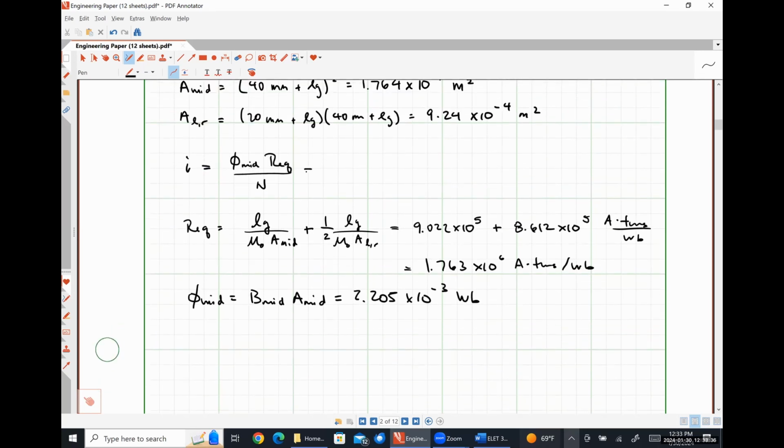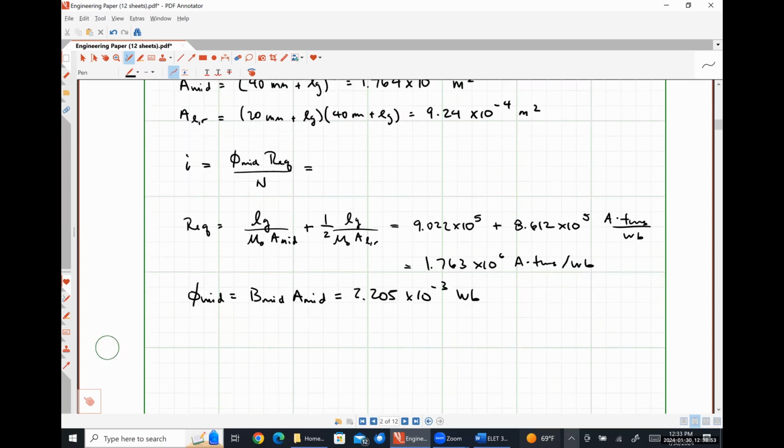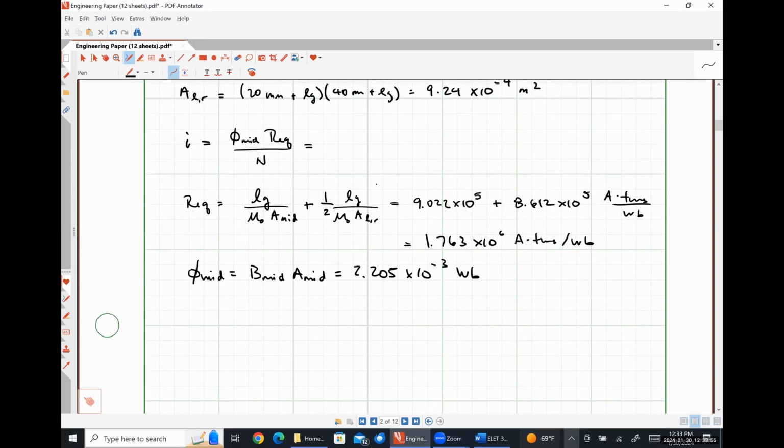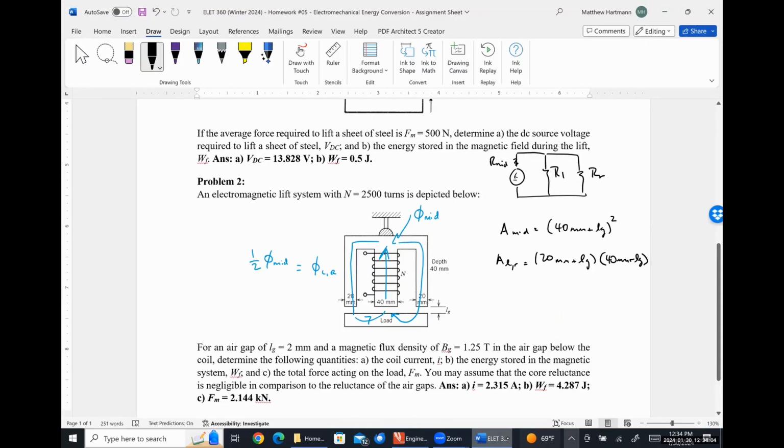And so plugging in our numbers, I'm just using the equation that I wrote up here. So that's going to be phi times reluctance divided by 2,500. 1.555 amps. Let's just check here. Oh, I got a vastly different number.